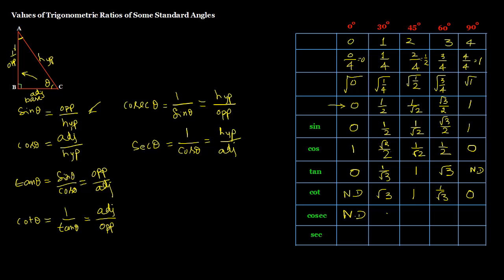Then it is 2, then it is root 2, the reciprocal of this is 2 by root 3, and this is 1. As usual, for secant, write it in reverse. 1, that 2 by root 3 comes here, root 2 stays there, this 2 goes here, and this will be not defined.